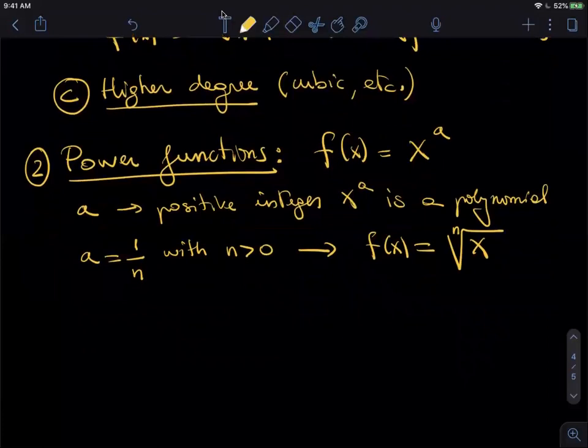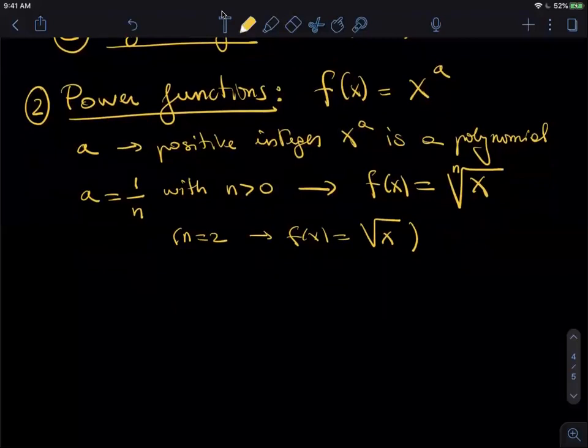For example, for n equal to 2, f of x is the square root of x. This is the only case where we don't write the number n, because this is the convention. But did you see that I wrote here positive integer? You may have thought, hey, why positive? What happens if it's negative? For example, let's say we only need a equal to negative 1.